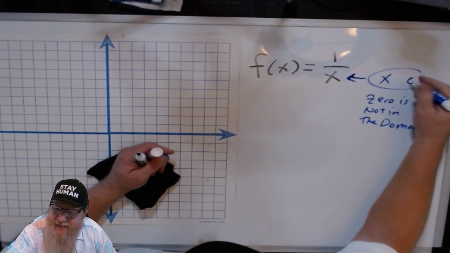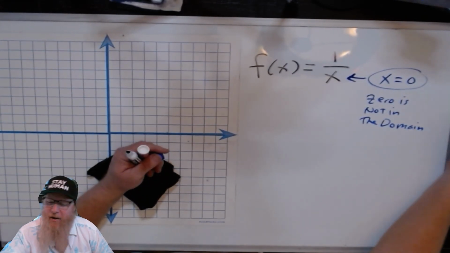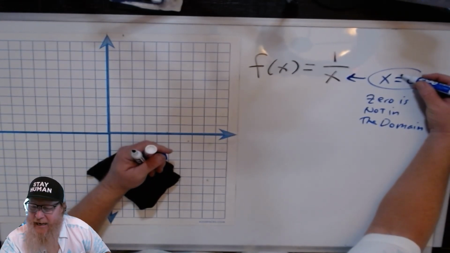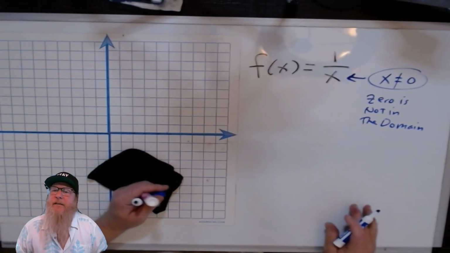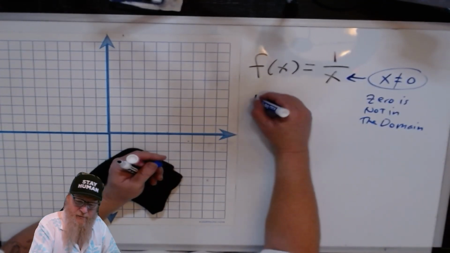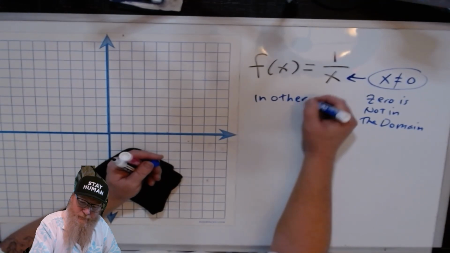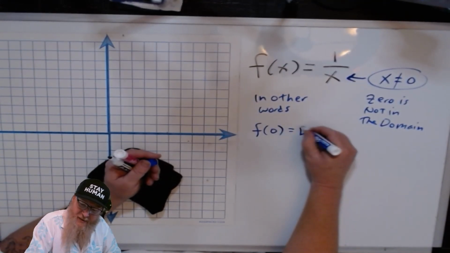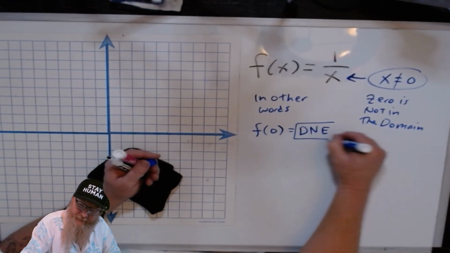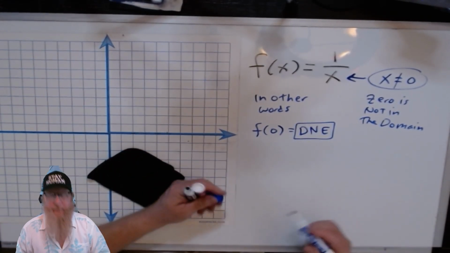Sometimes I'll say x equals 0 is not allowed, but because I'm also saying it's not allowed, we put a slash through it and say, well, x cannot be equal to 0. In other words, f of 0 does not exist. F of 0 is DNE.